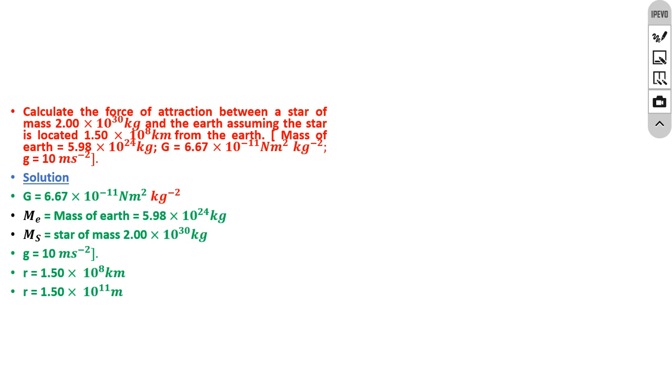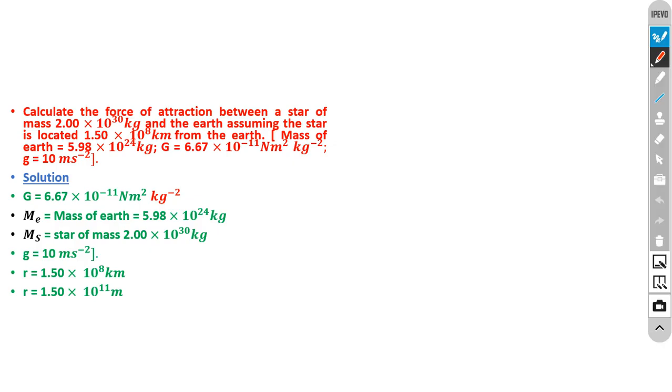And here we have 1.50 times 10 to the power 11 meters. I hope you know how we did the conversion. Kilo here represents 1000, so we multiplied 1000 with this value. When you do that, you will get the new value that comes with the index 11. So that's just what we did.